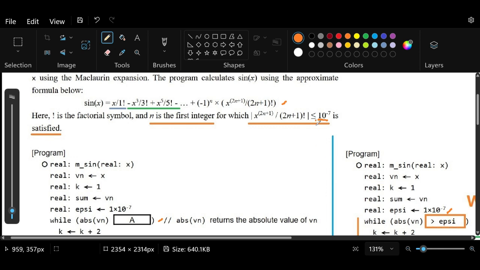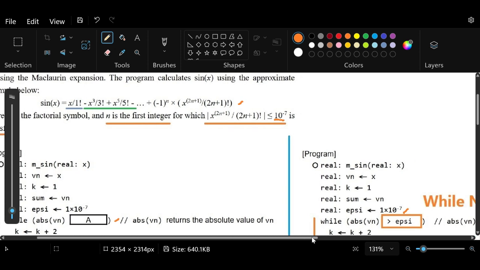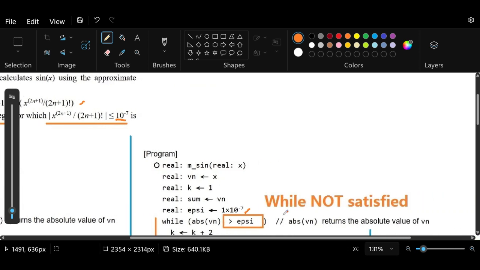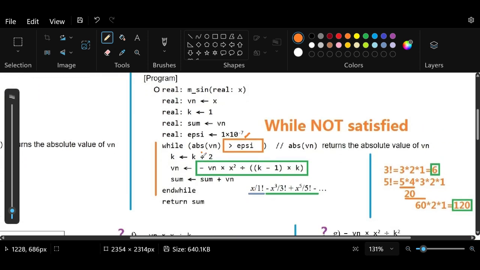So there is a change in the way we should think about how we can use this part here to know that we have not satisfied the expression.